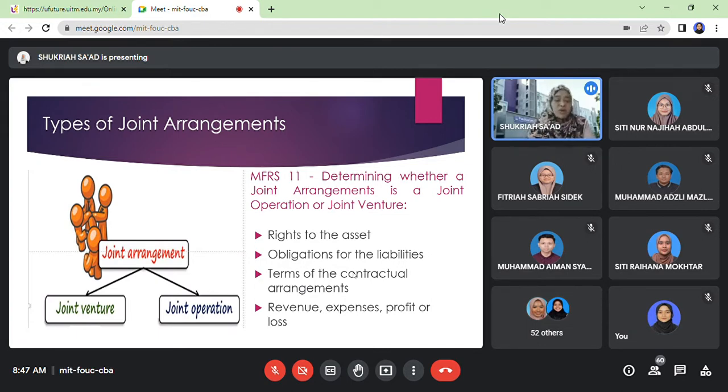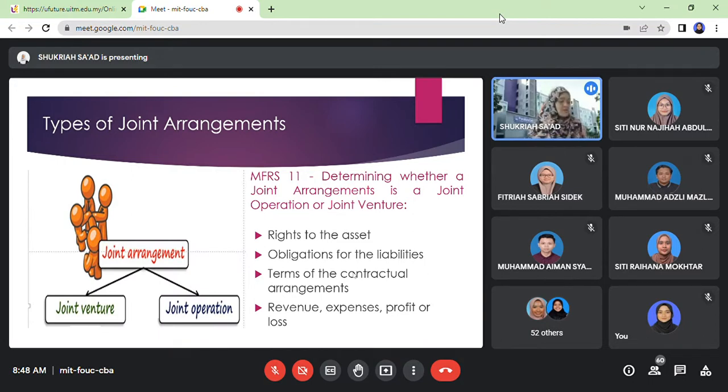Okay, I have also shared with you some notes taken from the textbook on how to identify the two types of joint arrangement. You can refer to the notes shared with you in the Telegram, just to facilitate those who don't have the textbook.